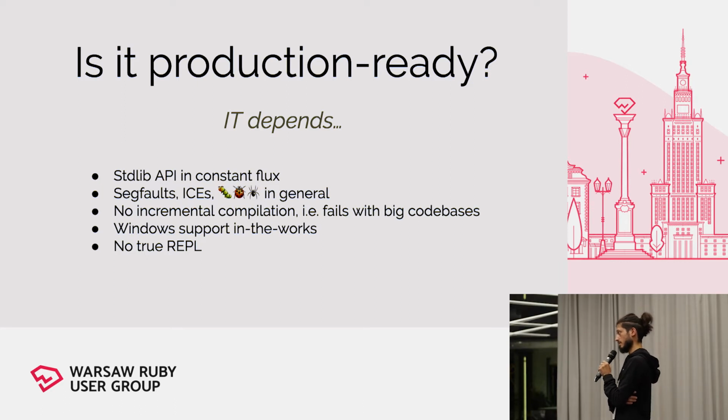Big code bases will also suffer once you hit a certain threshold. Basically, compilation times will go high and you will get slow during the time, that's for sure. Incremental compilation is a hot topic. Hopefully it will be done in some time, but at the moment the problem is type inference.